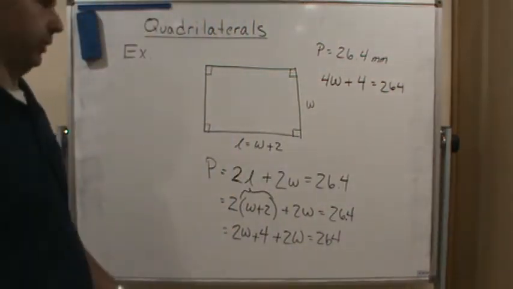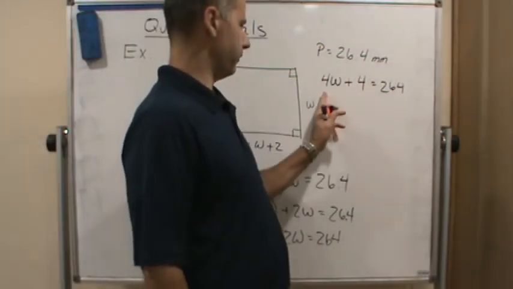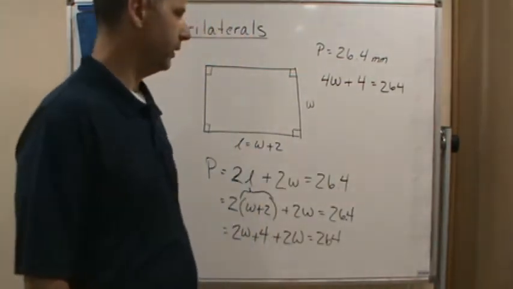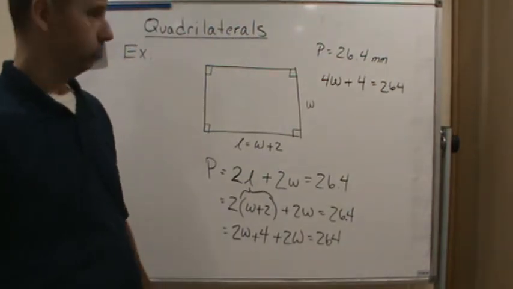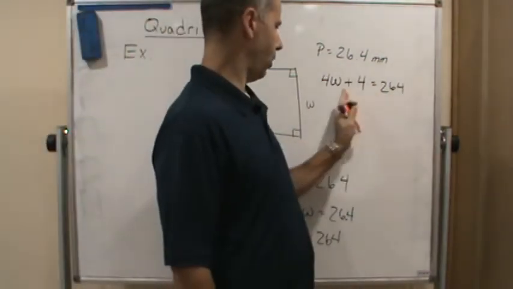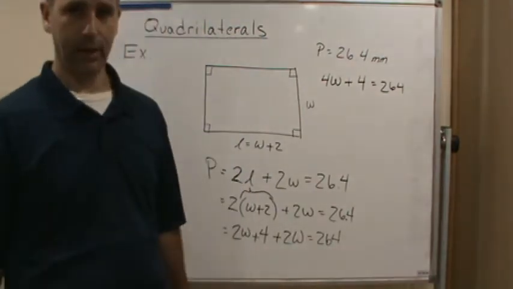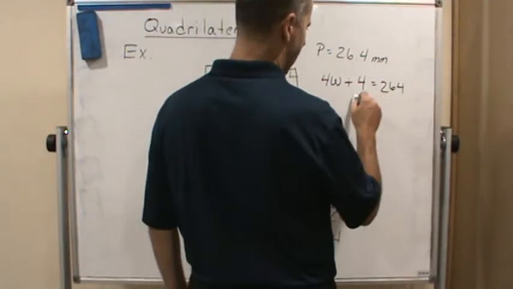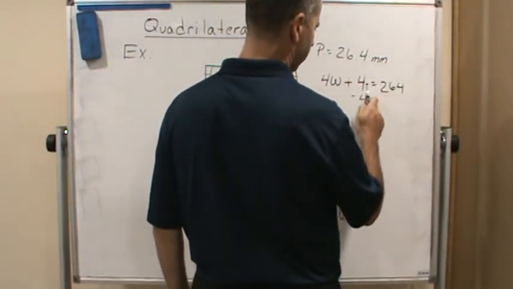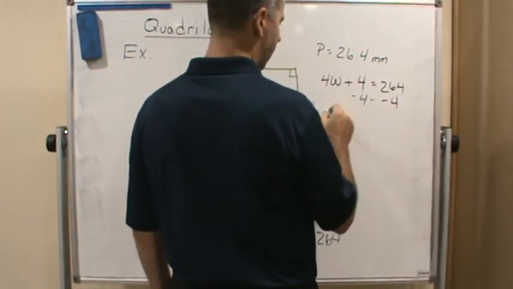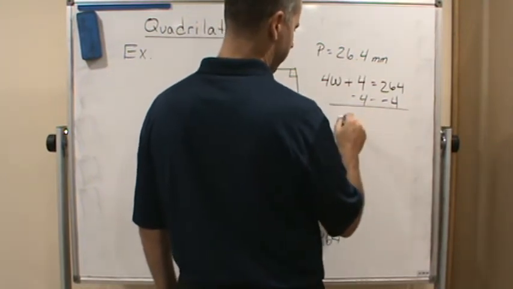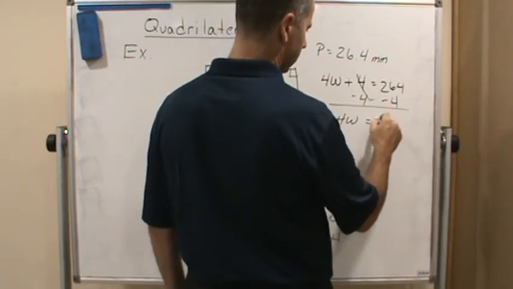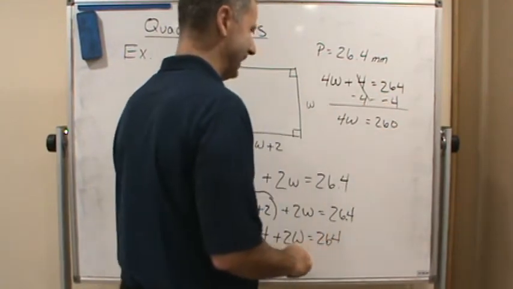Now there are 2 ways you could do this. You could factor out the 4, divide by 4, and then subtract 1 to get W. Or you could just subtract off 4 and then divide by 4 and be done that way too. Doesn't matter which way you do it. So I'm going to subtract 4. And so that'll give me 4W equals 260.